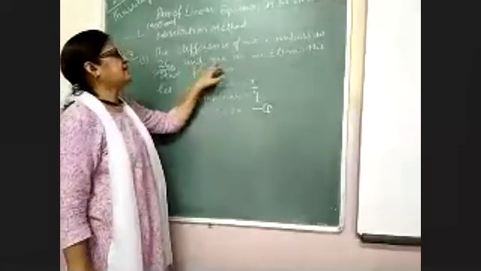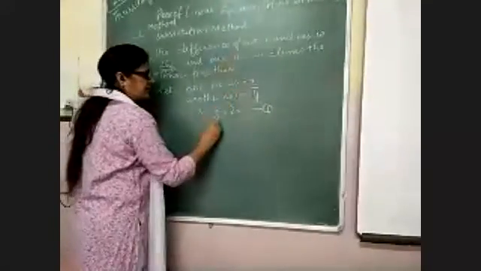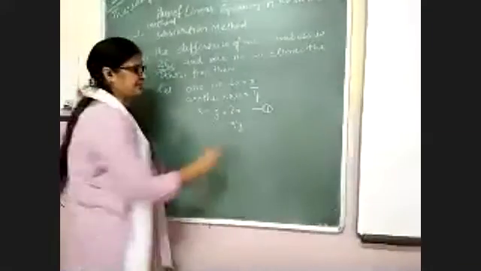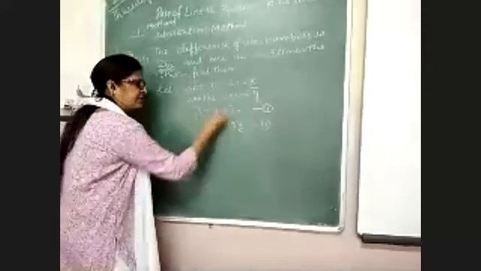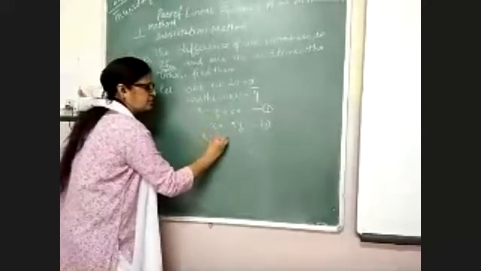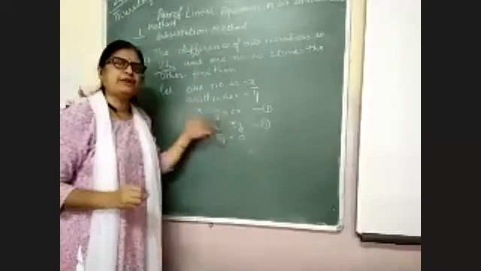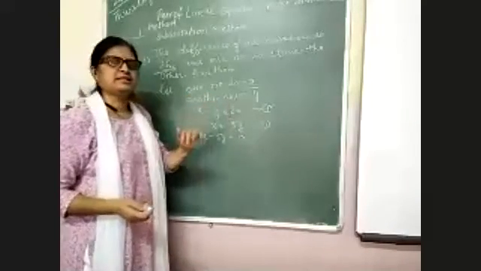The second equation is: one number is 3 times the other, so x equals 3y. This is your second equation. You can also write 3y on the left hand side, and it becomes your second equation. But again, you have to find the value of x or y and substitute it in the other equation.